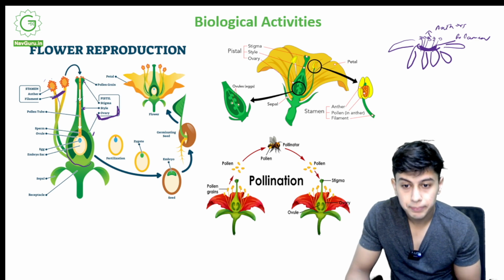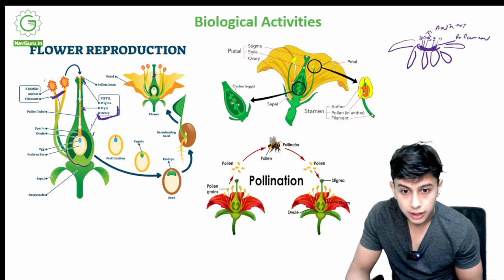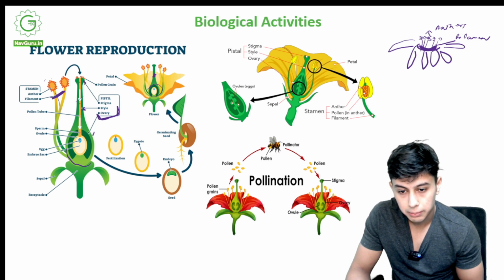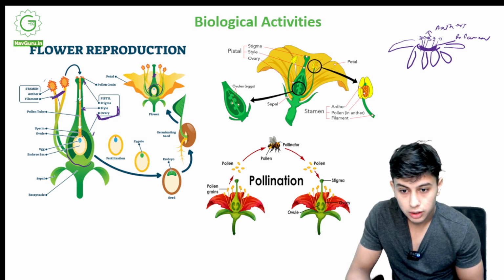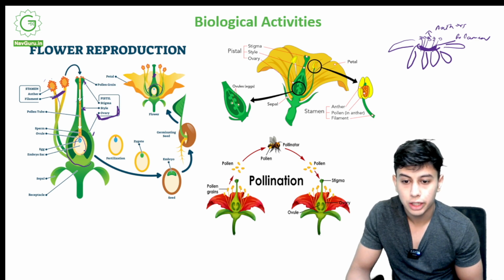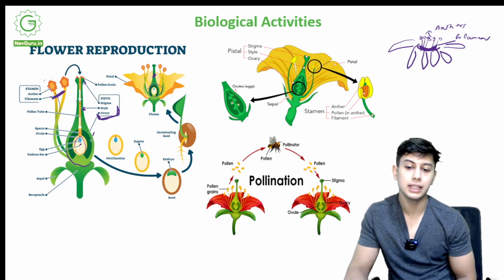I have stigma, I have this style, that is the long tube, this is the style, right, and this is the ovary, this outer green part. Inside this ovary I have the ovule, this whitish yellowish part, that is the ovule. Okay, and this blue part is the egg, it contains the egg.